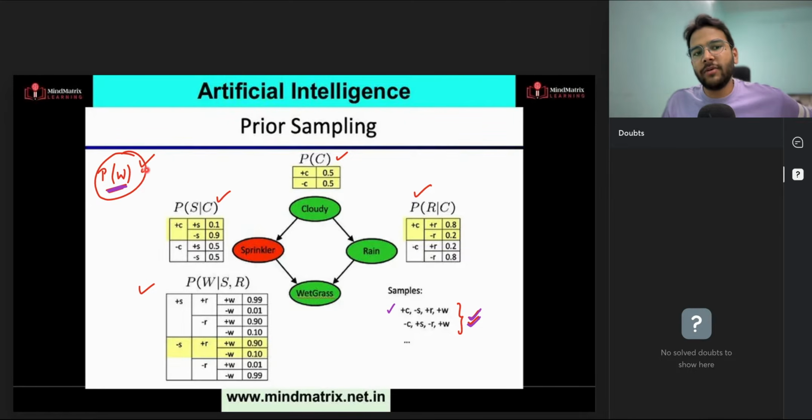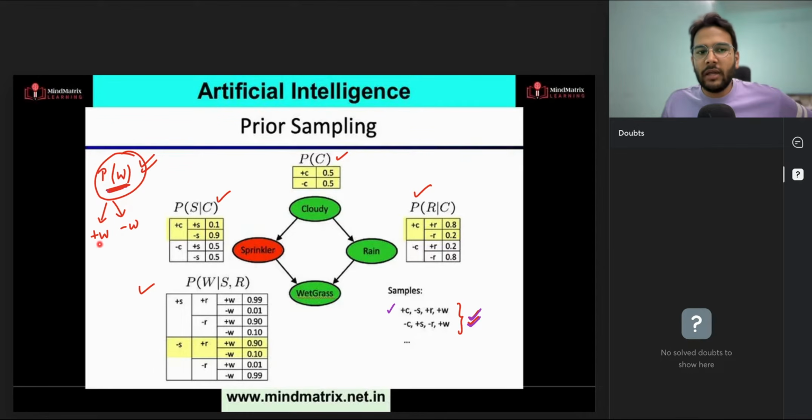When I say probability of W, you know that W can be either plus W or minus W. It can take two values. Yes, variable elimination you can apply, but here we are talking in terms of sampling. So carefully understand this. When I say probability of W, it can take a positive value or a negative value. That means either the grass is wet or the grass is not wet, right?